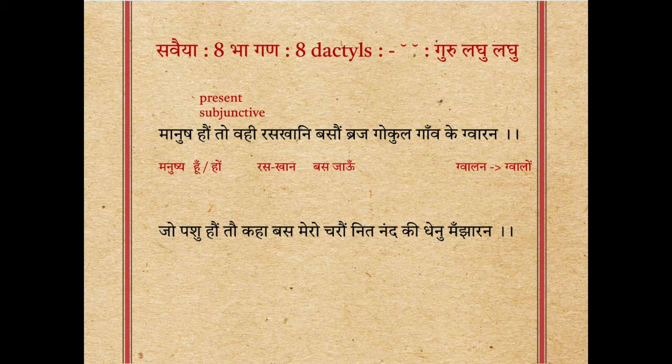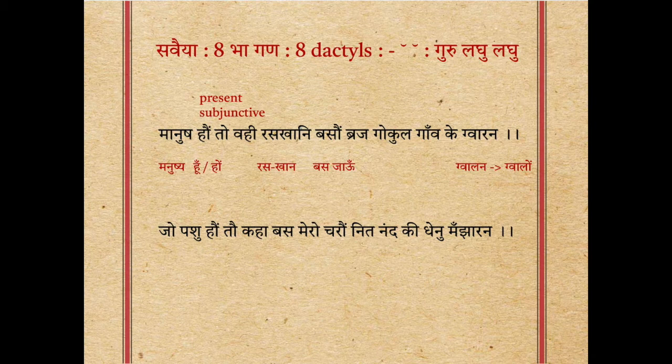Now let's look at what the line means in its entirety. Manush hon. If we have to supply the if here, if I should be a human. In other words, to provide some context, if I am to be reborn a human, to, then, vahi Raskhani basao. Then that very same Raskhan, the poet, may I dwell, basao.